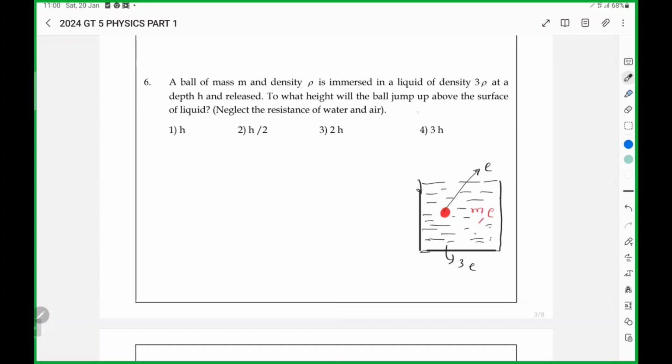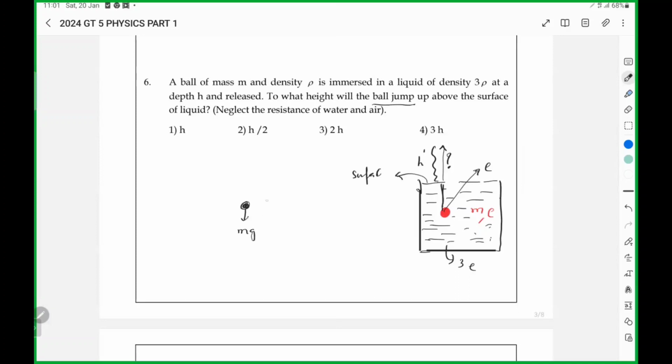To what height will the ball jump above the surface? This is the surface. Above the surface, to what height does it rise? That means this height he is asking. So the ball is completely immersed.